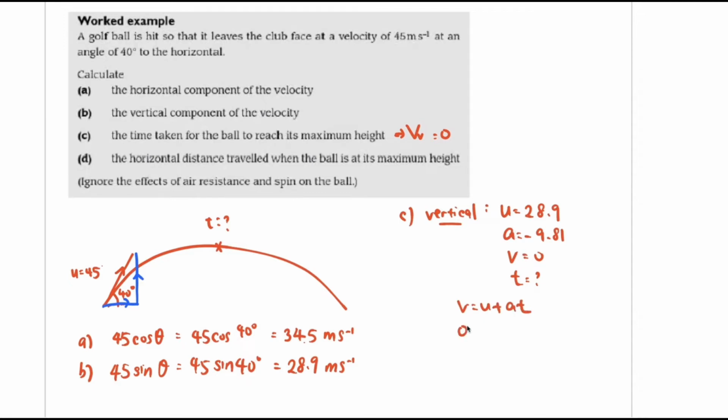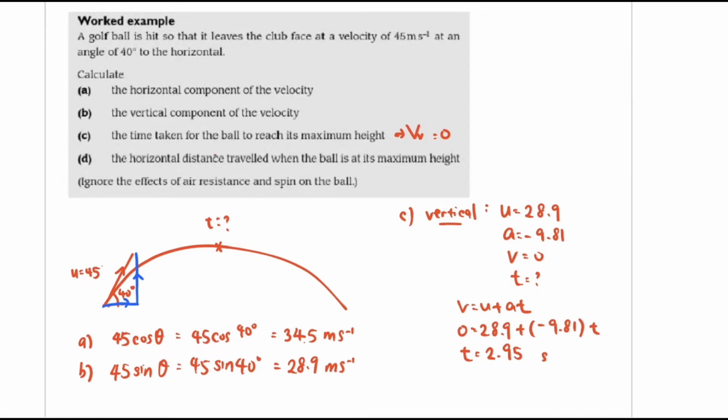Substitute 0, 28.9, negative 9.81 t. Then we rearrange and find t. We get 2.95 seconds. So that is part C.